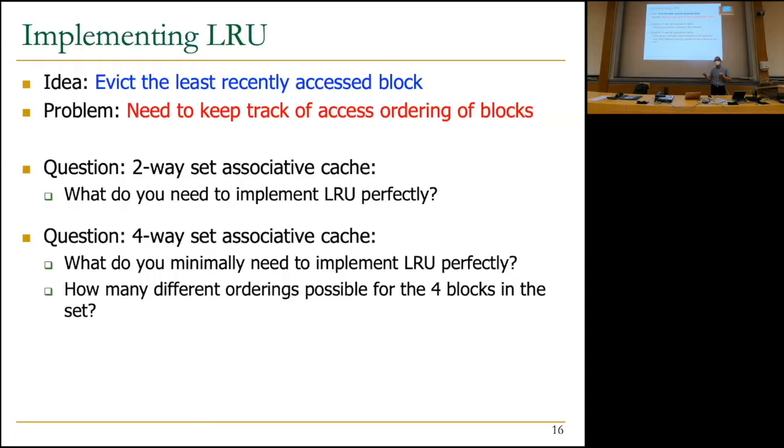This is a harder one. The first one was easy. Now you need to think about it. You have four different ways at any given point in time. Yes, exactly, 4 factorial.